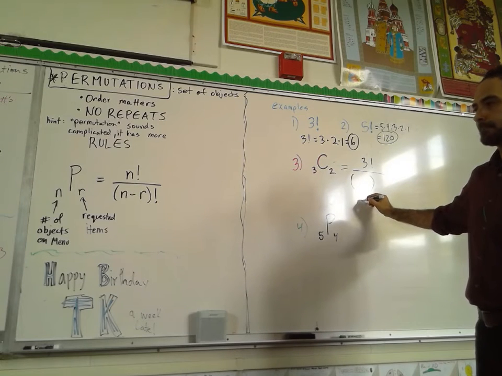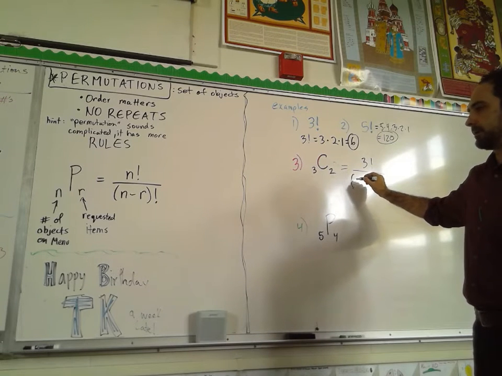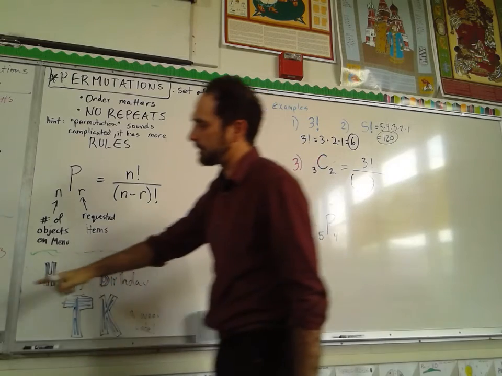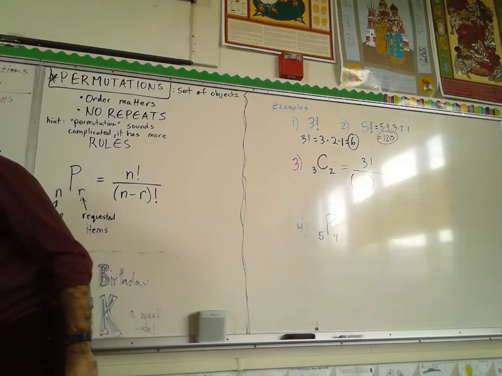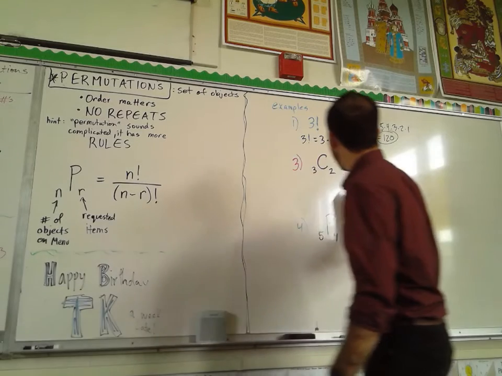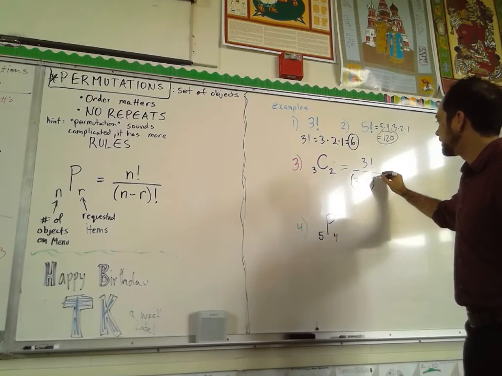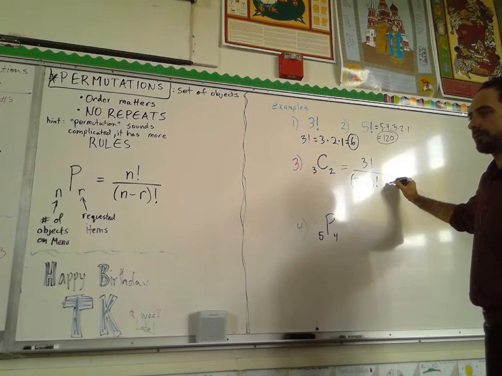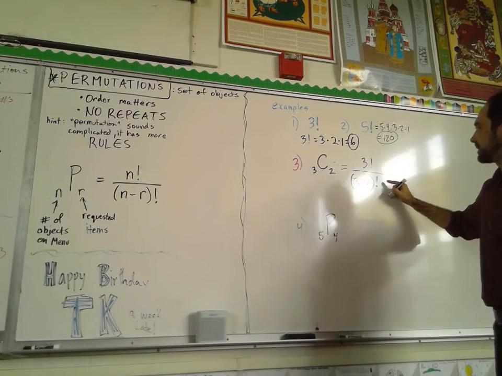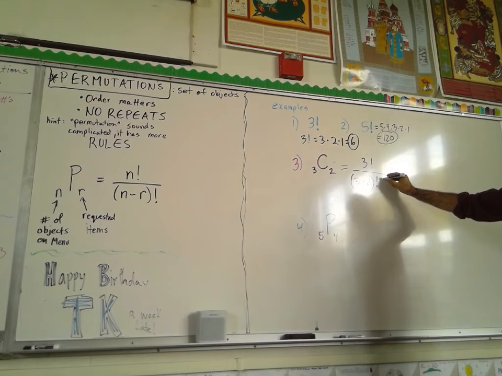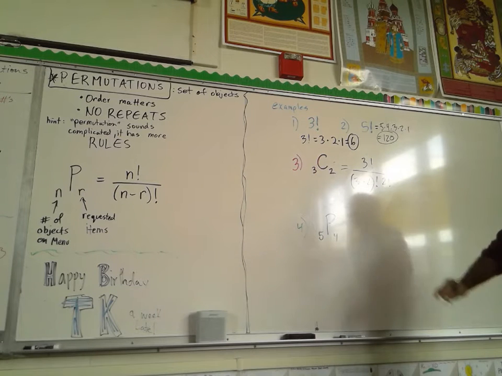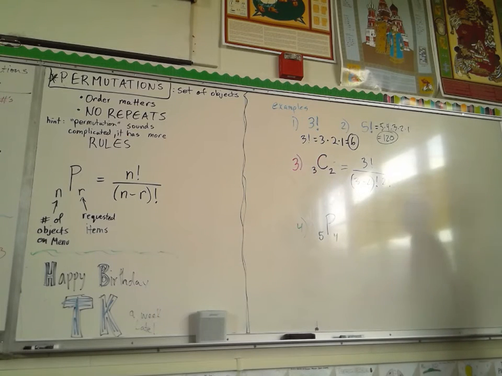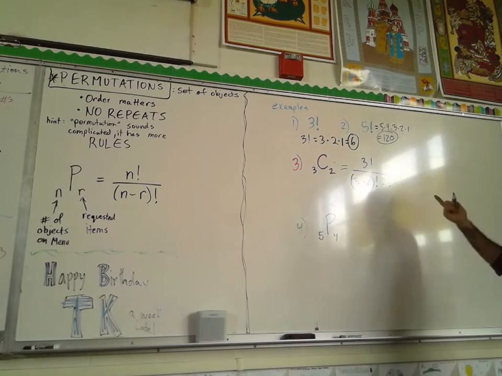Your requested items, and n minus the requested items. So we'll go 3 minus 2 factorial, and then what's left? r factorial. What should I put here? 2.